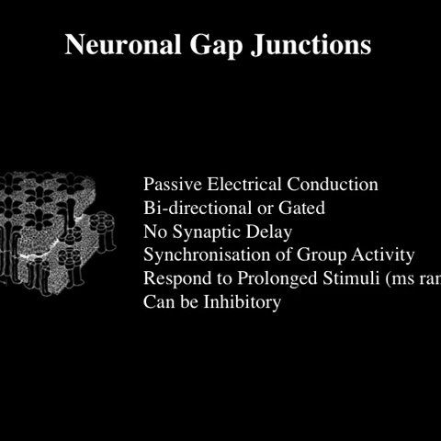They can be bidirectional or they can be gated, so they can effectively act like a piece of wire or a diode. They can allow change in one or both directions. There is no synaptic delay between the two sides, but oddly they only really respond to prolonged stimuli.